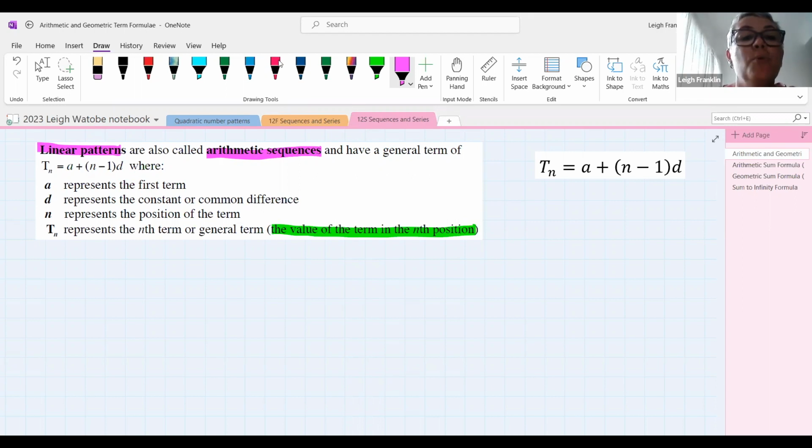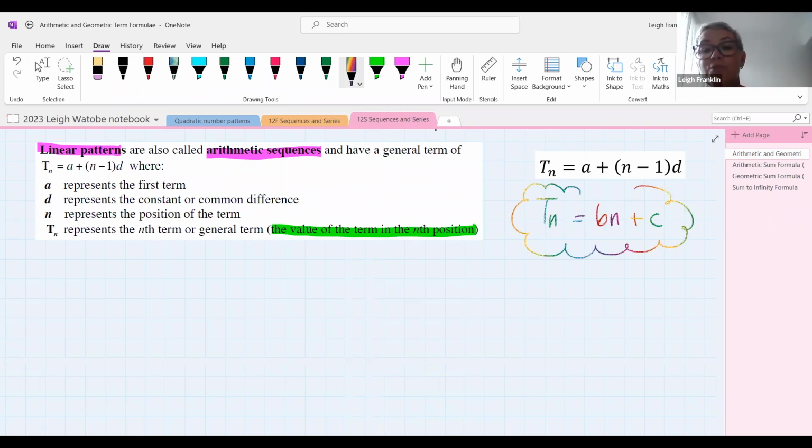The other thing that's important to note is that all of these will eventually simplify to Tn equals bn plus c, and you must simplify it down to that form when they ask you for the general term of the pattern. In grade 8 and 9, we only worked with this, and then in matric, our teachers introduce us to Tn equals a plus (n minus 1)d.